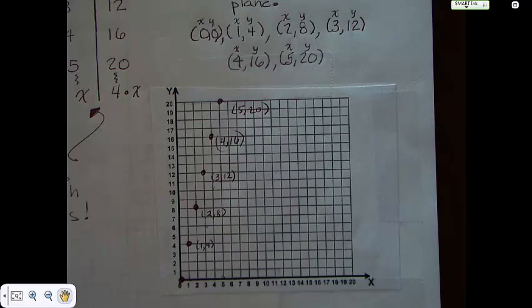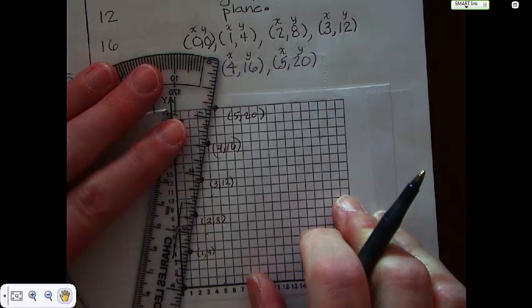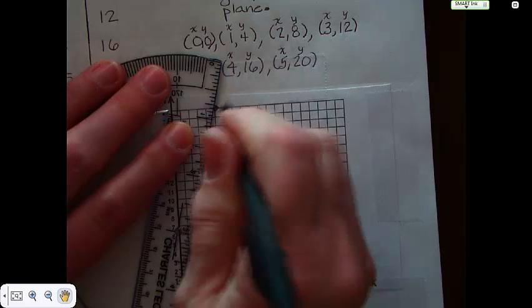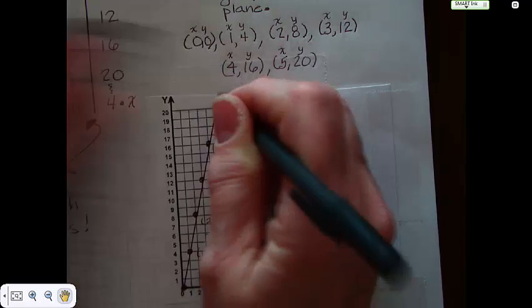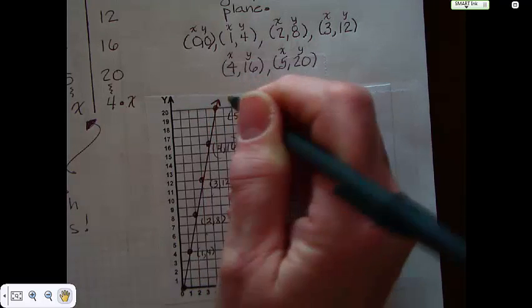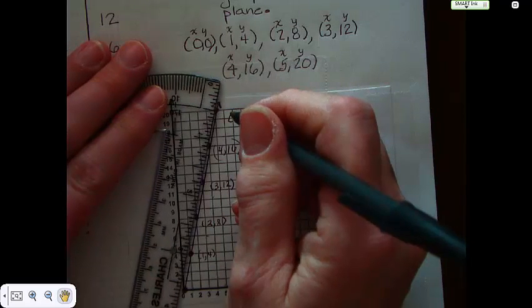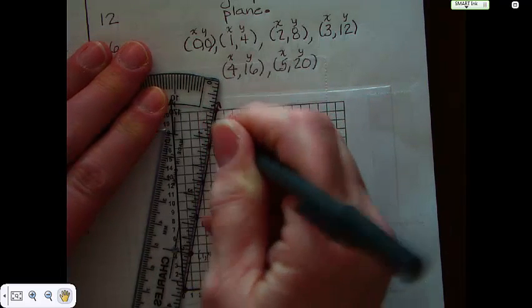They look like they're kind of in a line, don't they? Well, the fact is they are in a line. And now we can connect those points together because this is a linear equation, meaning that all of the answers are on this line, okay?